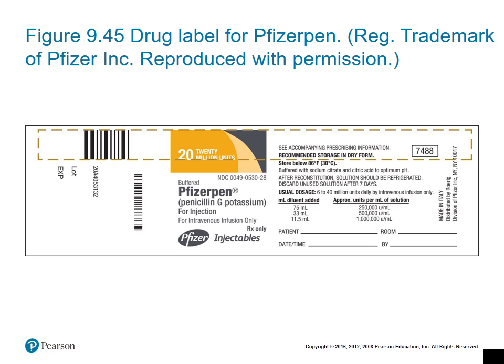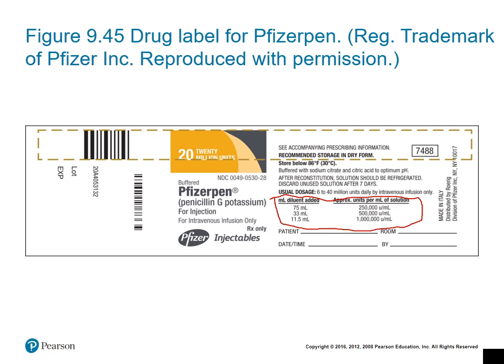Here's an example of a label for a drug that you might administer. So what I want you to pay attention to here is right down here, it's for this part. Okay, this is the reconstitution directions. So notice it says milliliters of diluent to be added.